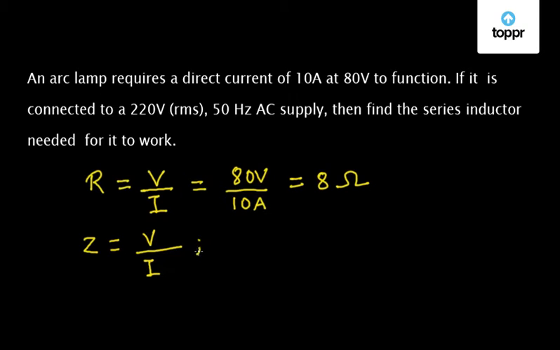Now the impedance can also be written by the relation root over R, the resistance of the arc lamp, square plus omega, the frequency of the AC source, into L, the inductance of the series inductor, whole square.